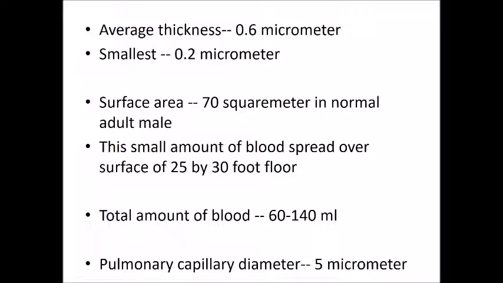So this small amount of the blood spreads over the surface of a 25 by 30 feet floor. So it's a large area, and the total amount of the blood in pulmonary capillary is 60 to 140 ml, and the diameter of the pulmonary capillary is 5 micrometers.